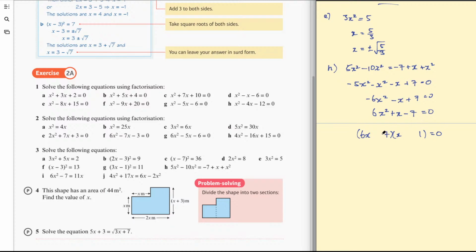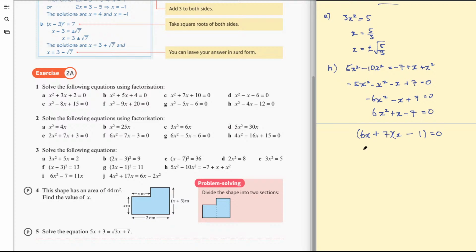Keeping in mind where you write the 7 and the 1. If I write the 1 here, that means I'll multiply it by 6. If I write the 7 here, then it means I multiply it by 1. And now, can we make positive 1 with these factors? So if I have a negative 6 and a plus 7, this will add to positive 1.